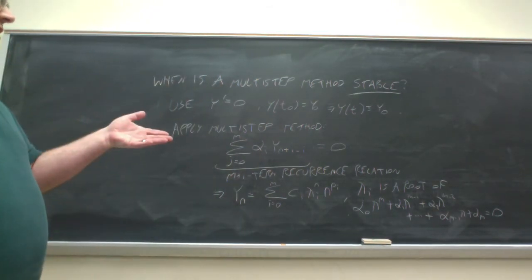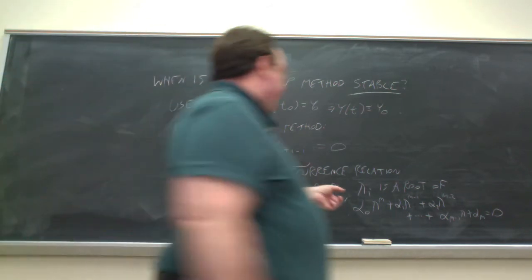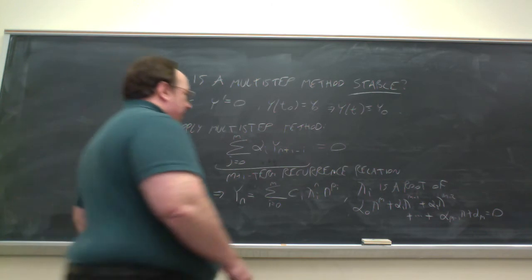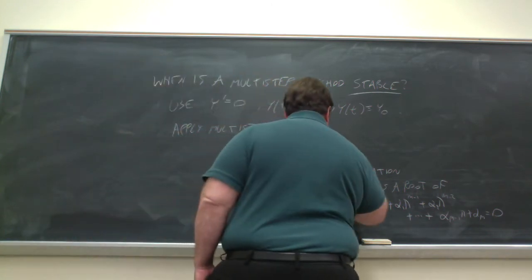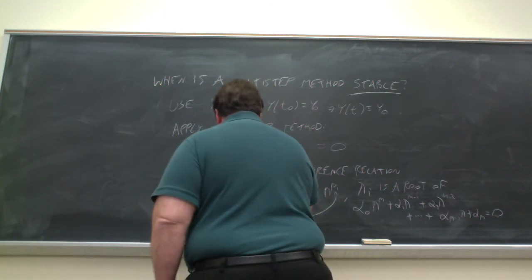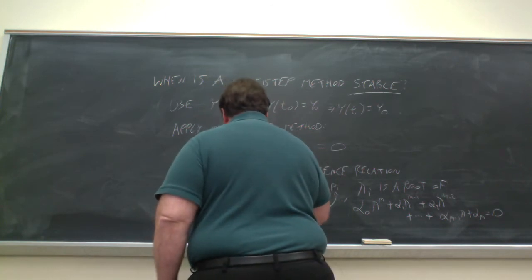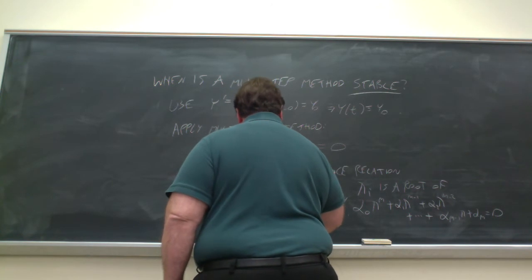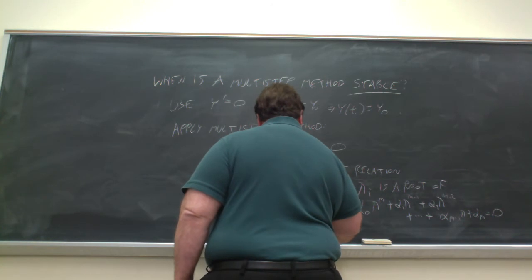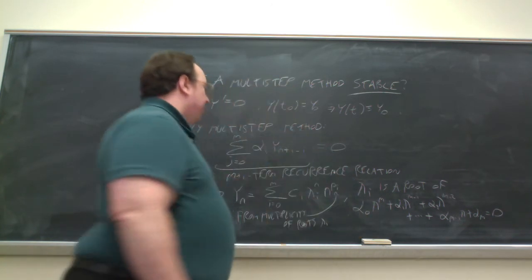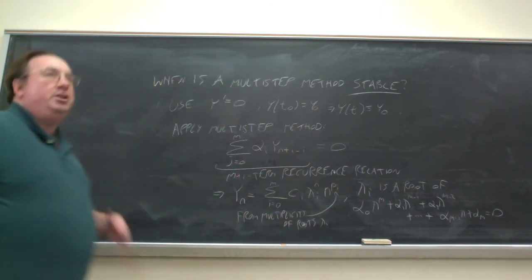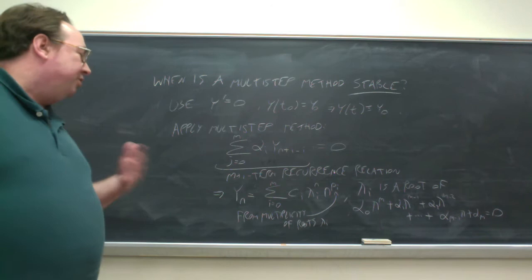So for that, we can go ahead and find the m roots, and these exponents that n is raised to come from the multiplicity of the roots, lambda i. In other words, if all of the roots are distinct, then all these exponents will be 0. So they range from 0 up to the multiplicity minus 1.